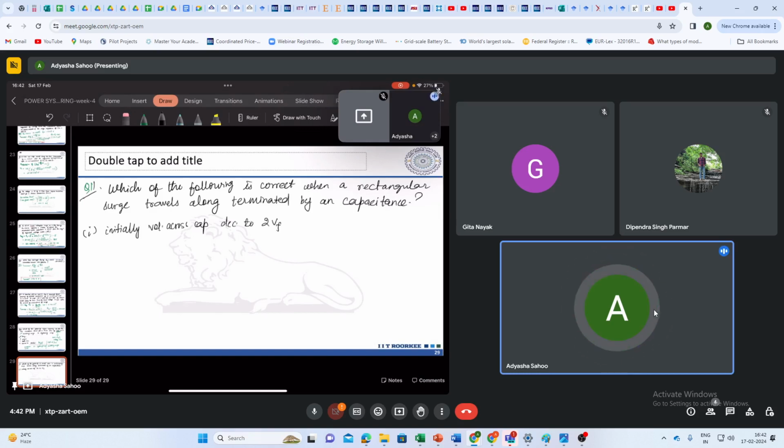VF, let's say it is the incident. This rectangular surge is of magnitude VF and exponentially increases gradually.